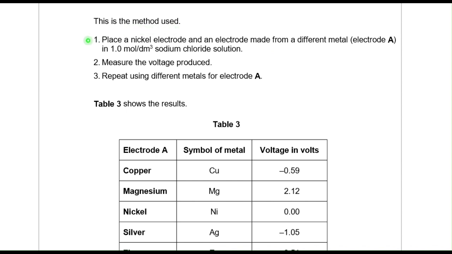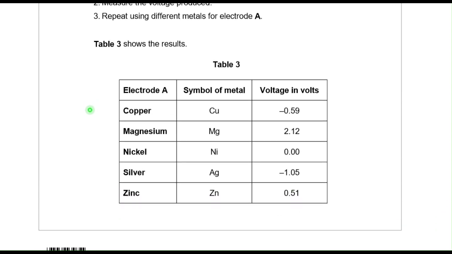Place a nickel electrode and an electrode made from a different metal, electrode A, in a 1 mole per decimeter cubed sodium chloride solution. Measure the voltage produced. Repeat using different metals for electrode A. And table 3 shows the results. You've got copper, Cu, minus 0.59 in volts, magnesium, nickel, silver, and zinc. And you can see those values there.